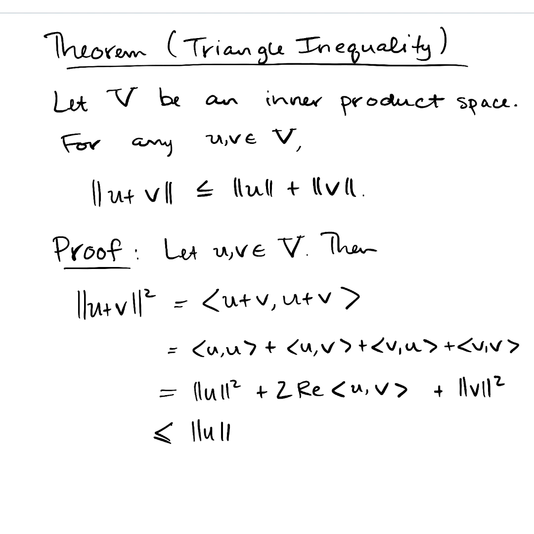The previous line is less than or equal to this quantity. What we're going to do is think about a complex number, 5 plus 3i. The absolute value of 5 plus 3i is square root of 5 squared plus 3 squared.